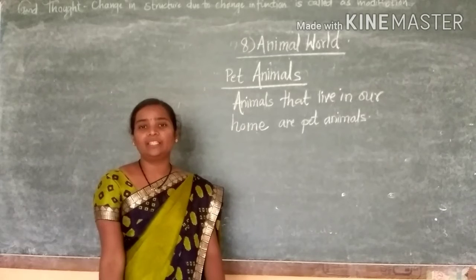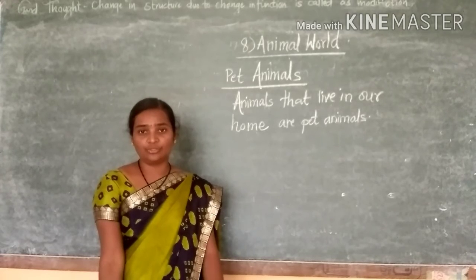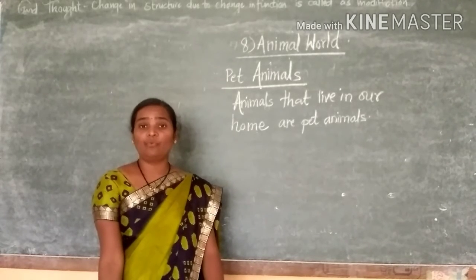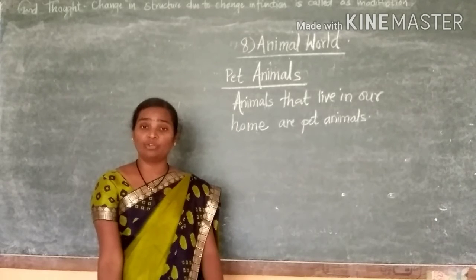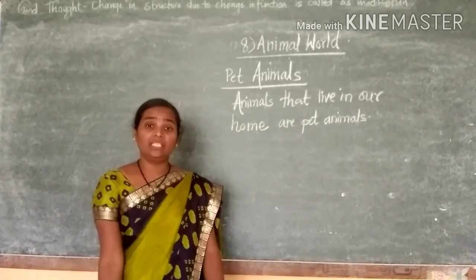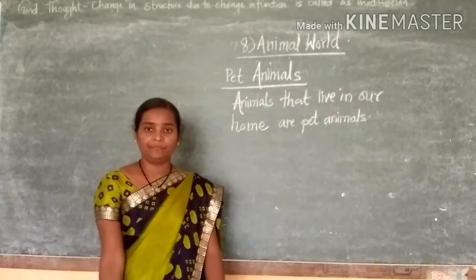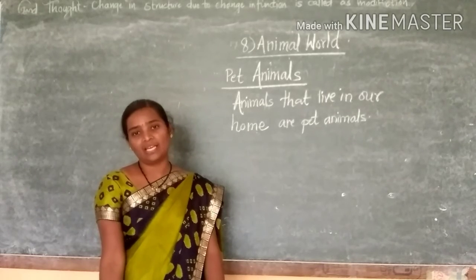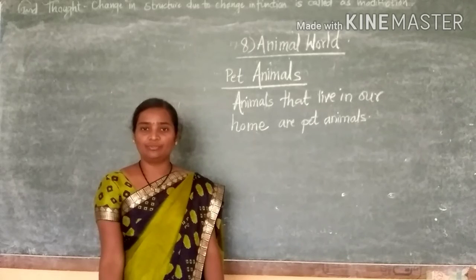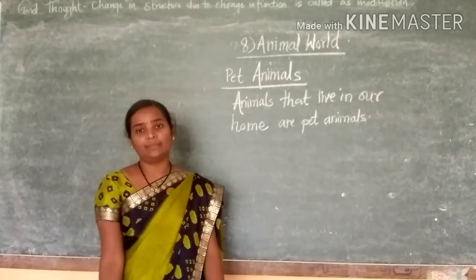These are the pet animals. Understood? We are keeping them for our love. We need their company. We enjoy their company. That's why we keep them at our home. So these are the pet animals.